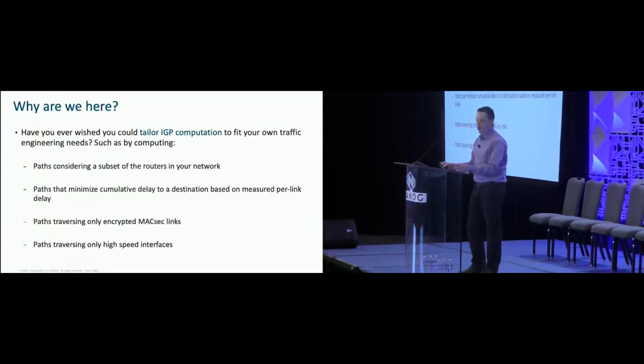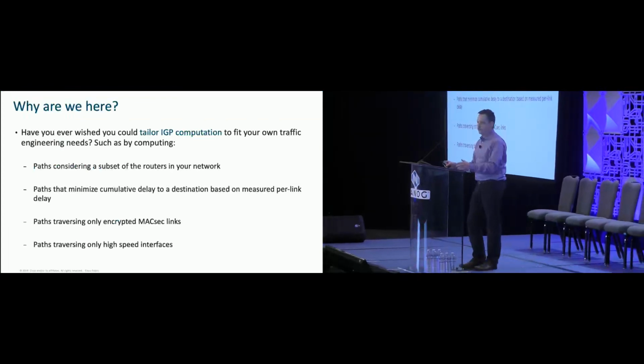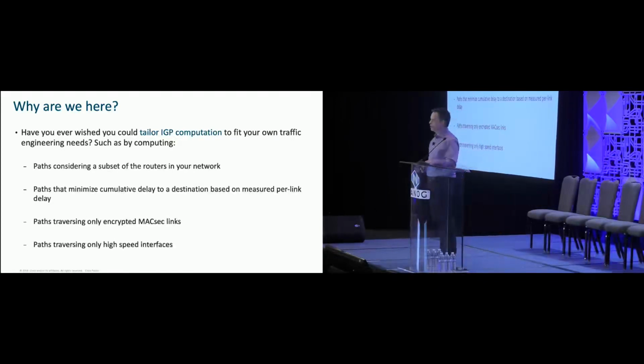One of the reasons why we're here is trying to answer almost philosophical questions out there. Have you ever tried to tell the IGP what to do? Tell ISIS, tell OSPF what you really wanted and achieve a path that is your macro traffic engineering policy or desire. Arrive at a destination minimizing the delay.